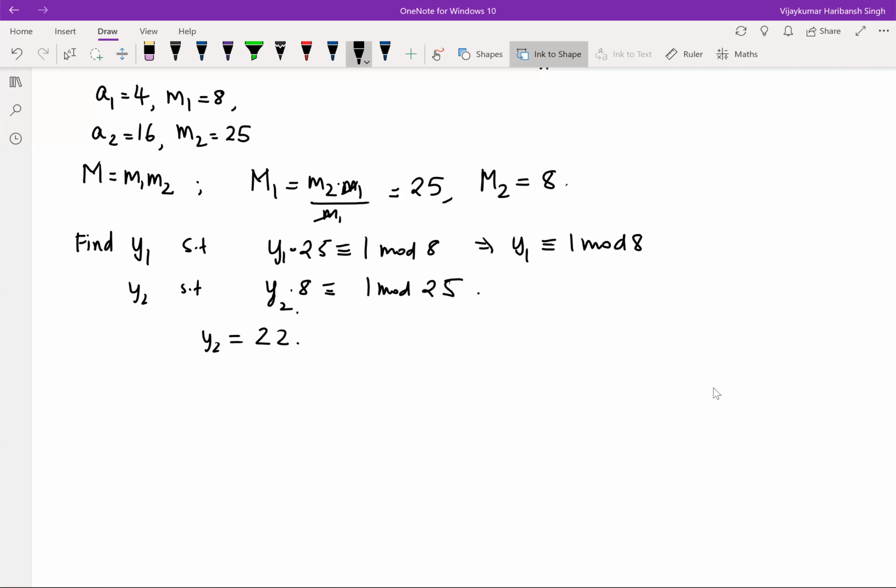Why is that? Because 22 times 8 is 176, and 176 is congruent to 1 mod 25.